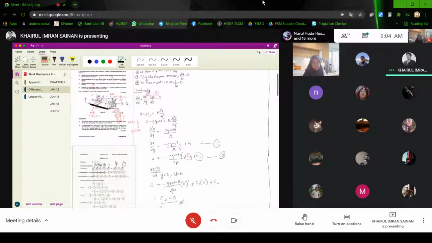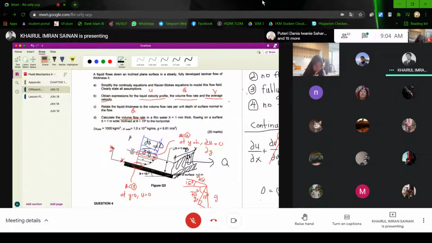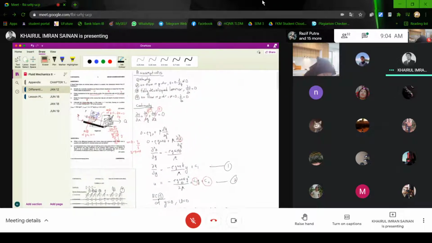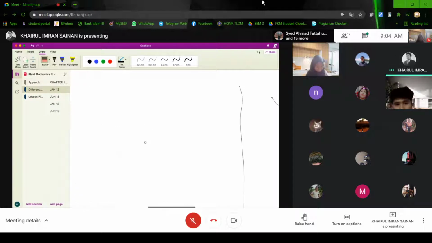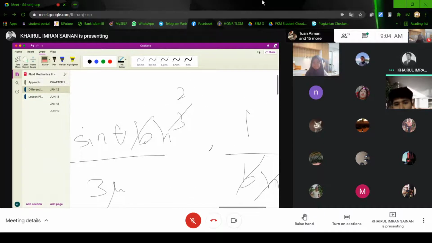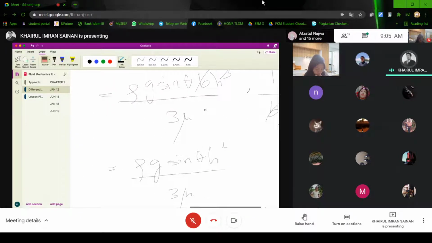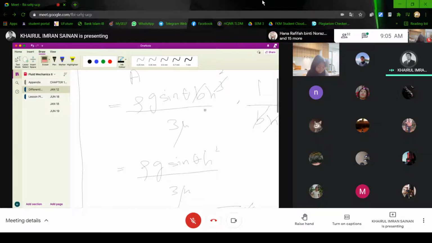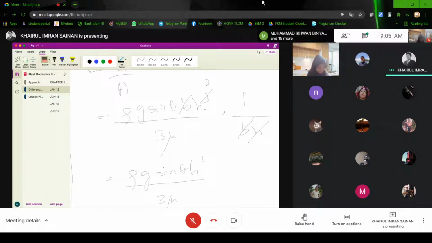The area. So this is B, this is H. For this step, no need to put it in terms of dy, because you already determined it through Q. So just put B multiplied with H, so B cancels out with B, and H cancels out with H. So this is the expression for the average velocity: rho G sin theta H squared divided by 3 mu. Done for B.